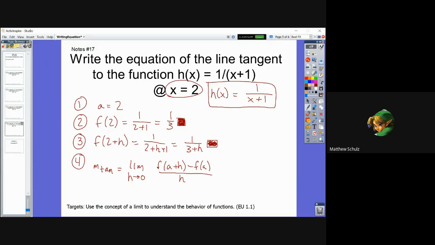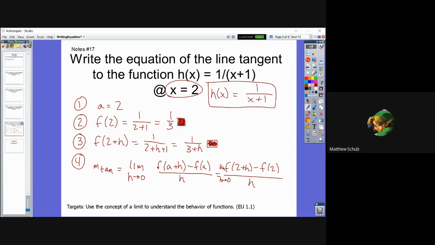And we know that a is going to be 2, so if we were to simplify this, it would be f of 2 plus h minus f of 2, all divided by h. Don't forget to include your limit there. So limit as h approaches 0.